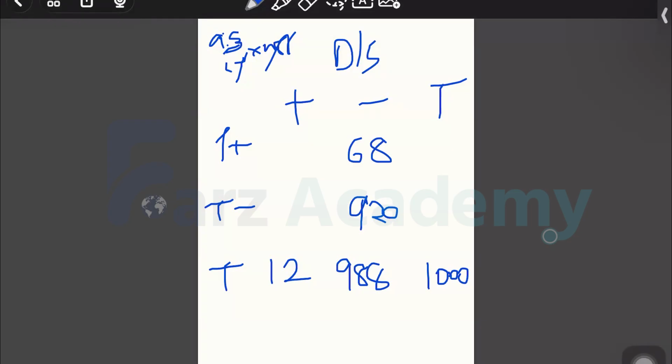Sensitivity is 92, so 11, 1. So this becomes almost 79, 921, 1000. The question was asking you positive predictive value. So positive predictive value would be 11 upon 79 something.